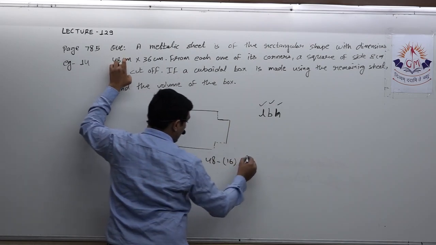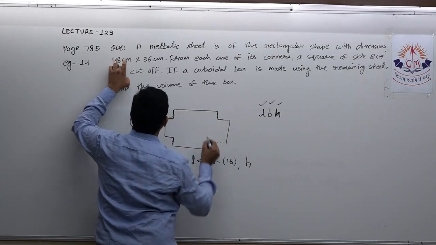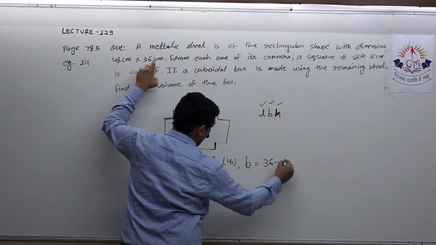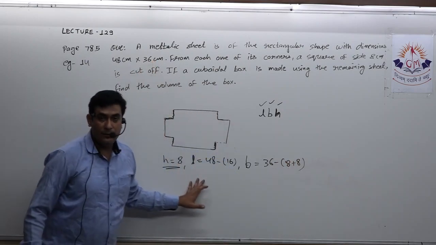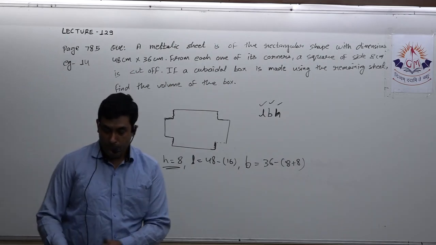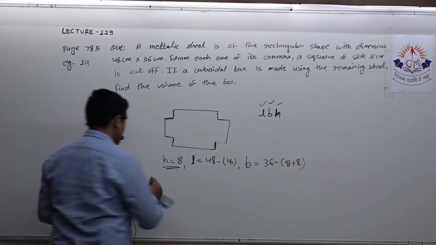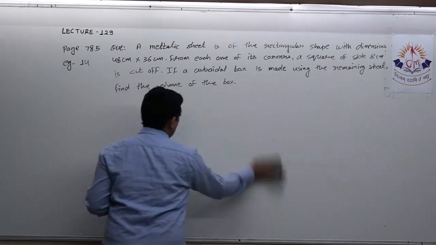And B, again I have to subtract 8 and 8, so B will be 36 minus 16. In this way we will get the length, breadth and height of the cuboid made from the remaining sheet. After getting L B H, it's very easy to find its volume.